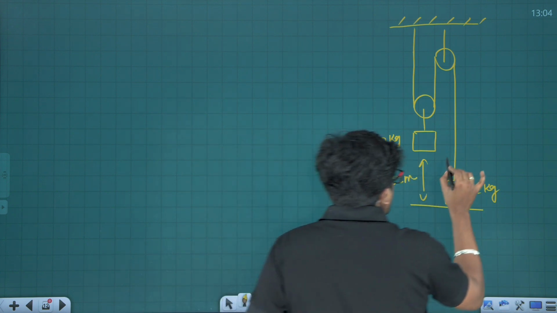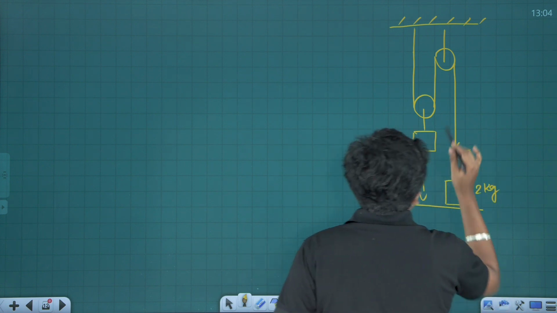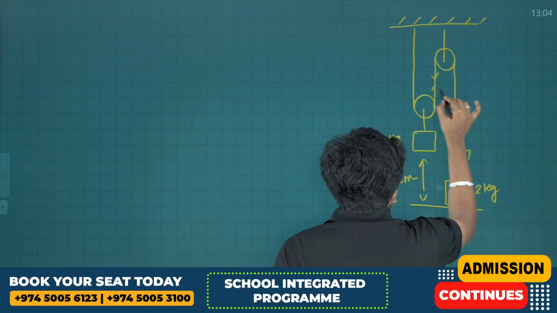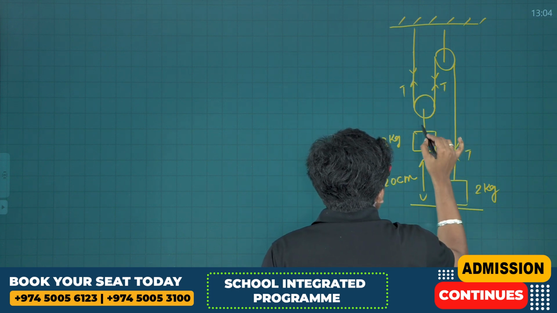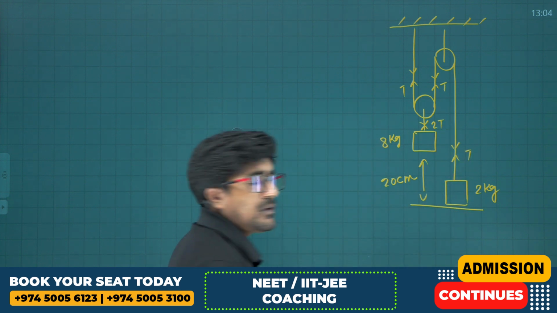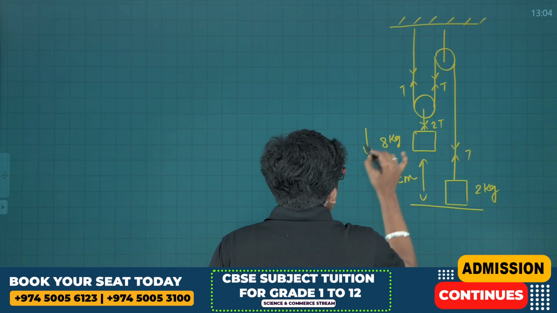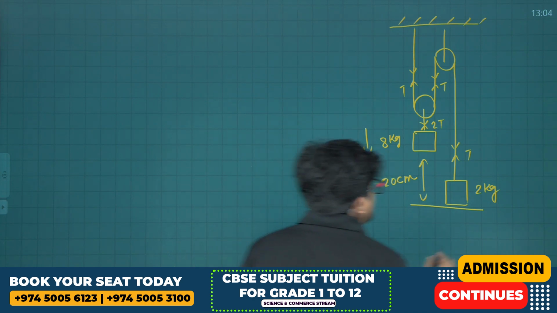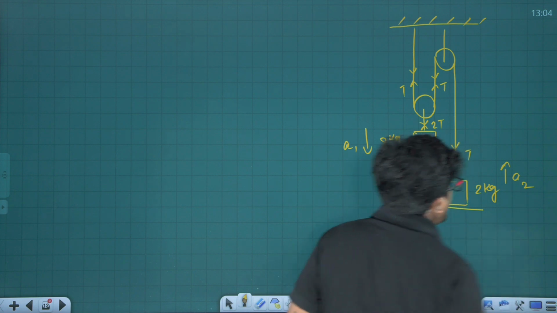Okay, so if this is tension T, then here also it needs to be T, and here it is supposed to be 2 times T. Let this be acceleration A1 and let me mark this as A2.